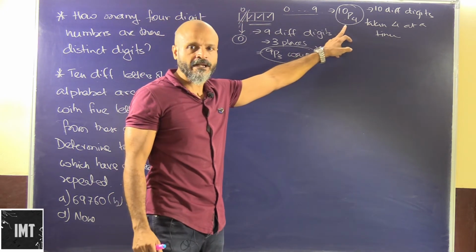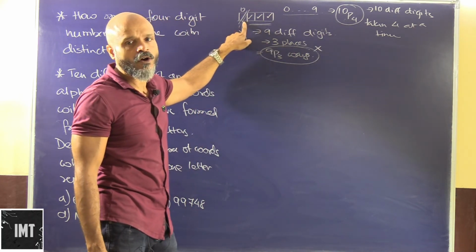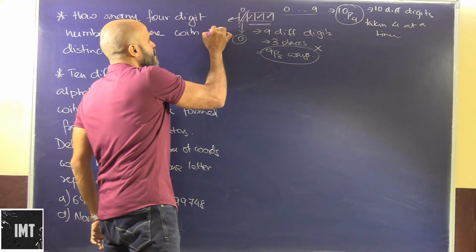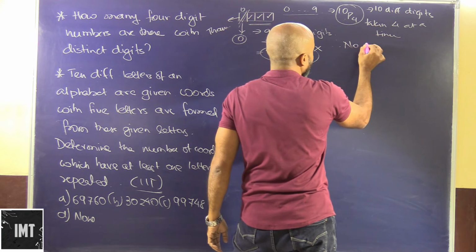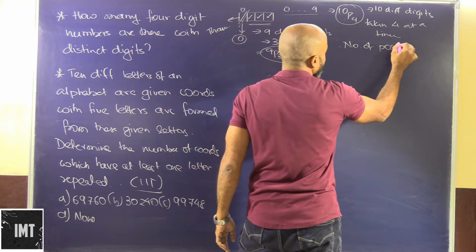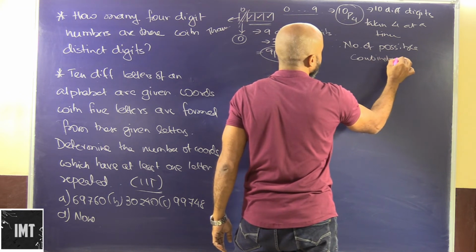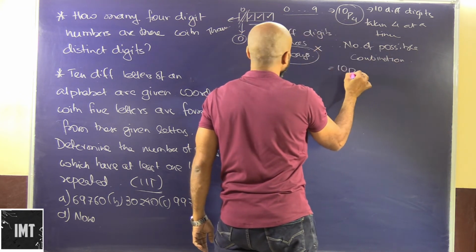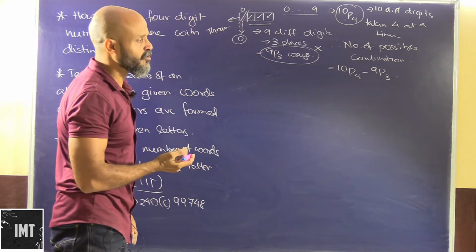This is the total combination possible. However, we will have to exclude all those cases in which 0 is occupying the thousands place. Therefore the number of possible combinations here will be 10P4 minus 9P3, whatever the value comes out to be.